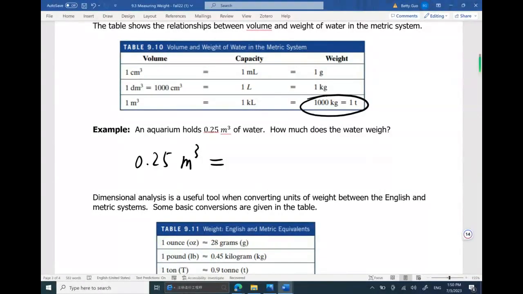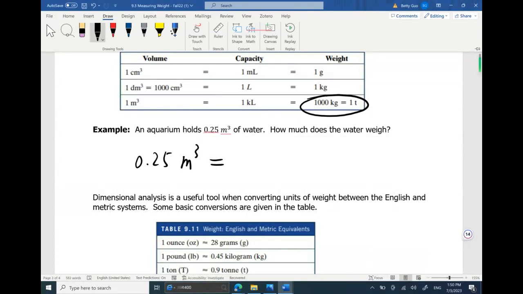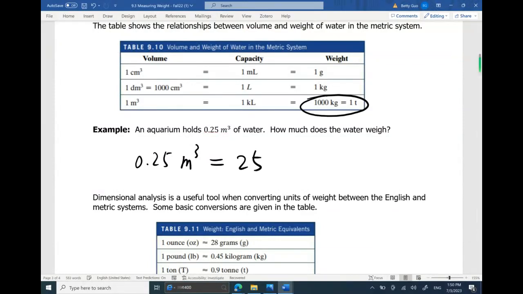Kilogram is a smaller unit, so the number in front is going to be bigger, 1,000 times bigger. So 250. Move the decimal point to the right 3 times. 250 kilograms, and that is 1/4 of a ton. It doesn't say what unit for the weight, but this is good enough. 250 kilograms.